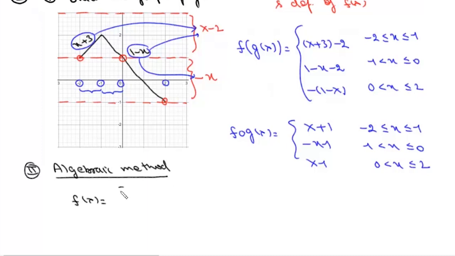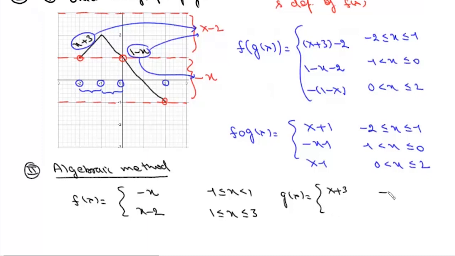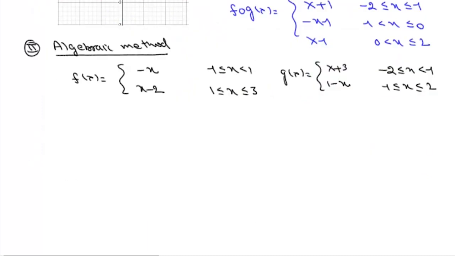Now f(x) is minus x when x lies between -1 and 1, and it is x minus 2 when x lies between 1 and 3, and g(x) is x plus 3 when x lies between -2 and -1, and it is 1 minus x when x lies between -1 and 2.